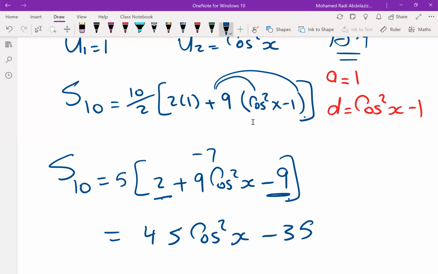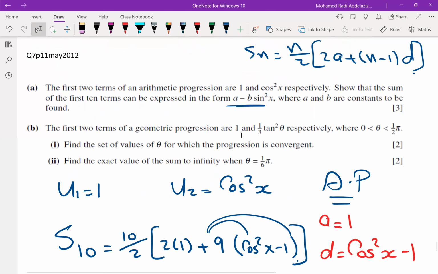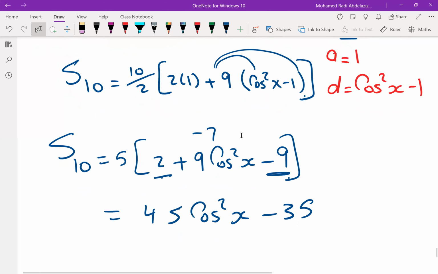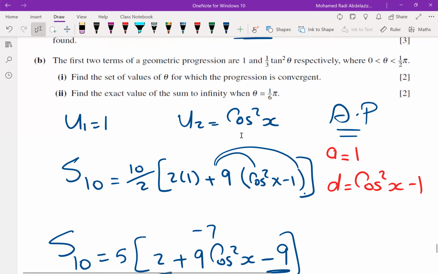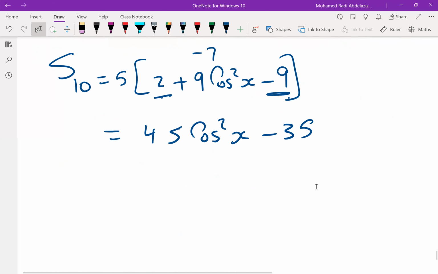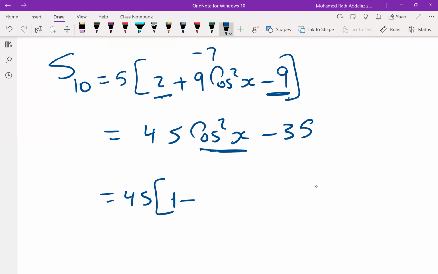He asked in this equation to show that it's a minus b sine squared x. After simplifying we get the answer in terms of cosine, but you can remove cosine and write it in terms of sine: 45 times (1 minus sine squared x) minus 35.